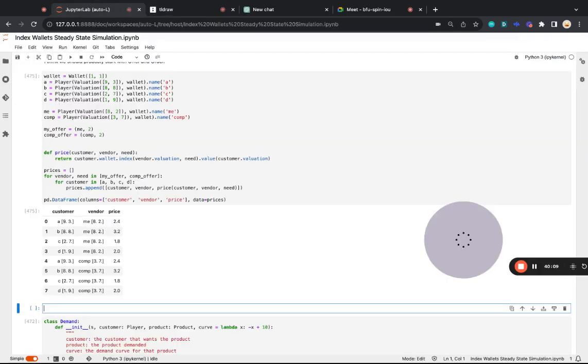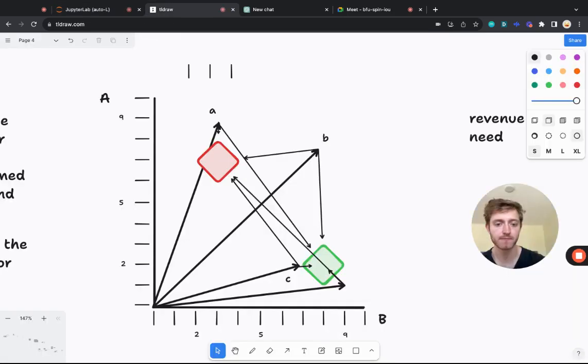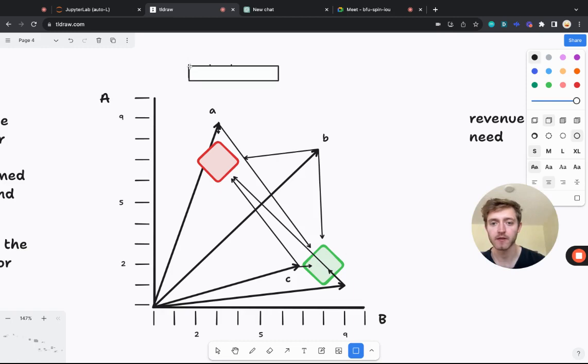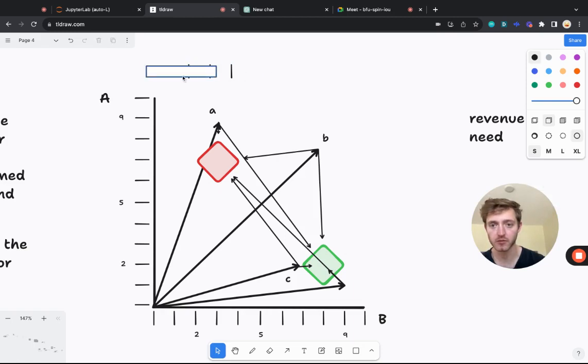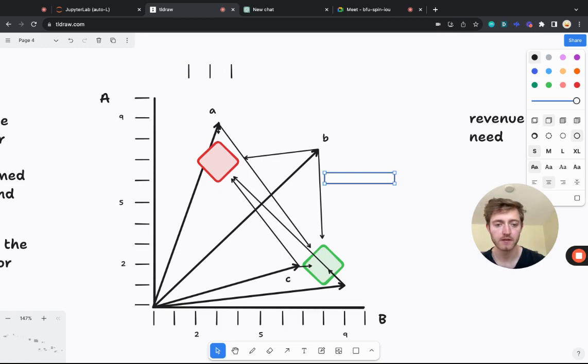B to me is 3.2. So let's mark out 3. There's 2. There's 3 and there's 0.2. Okay. There's B.